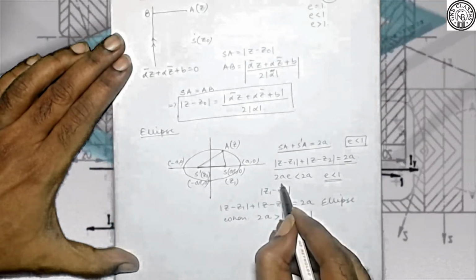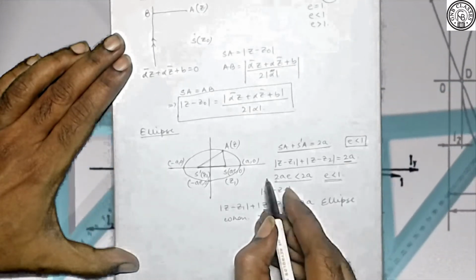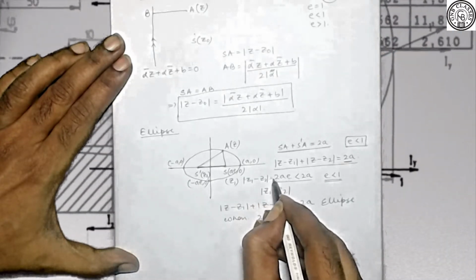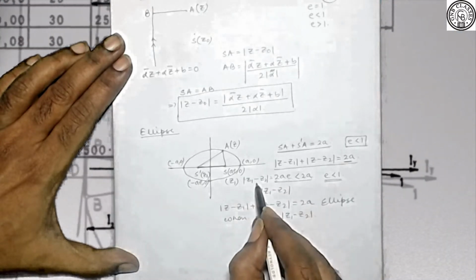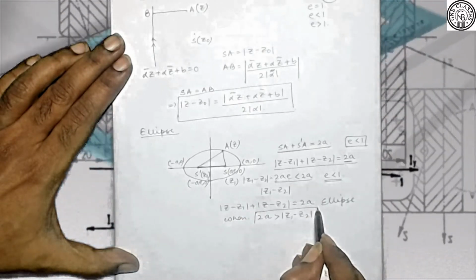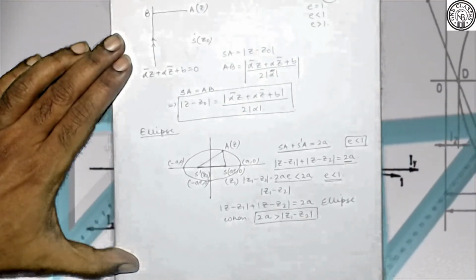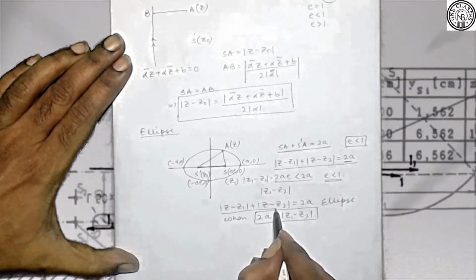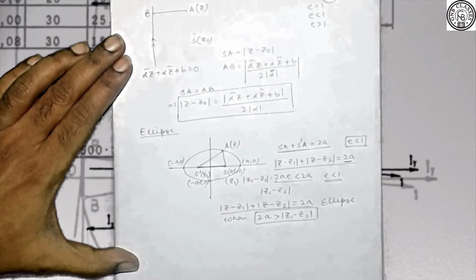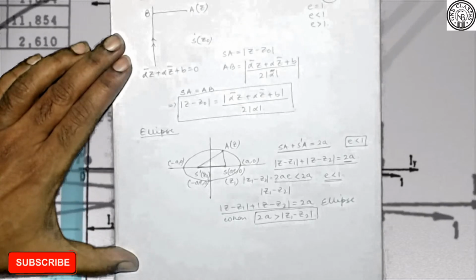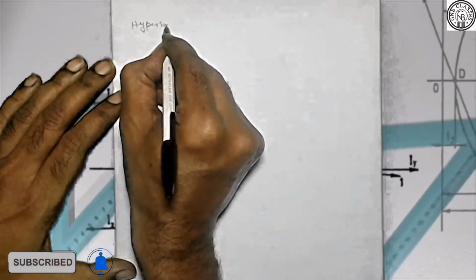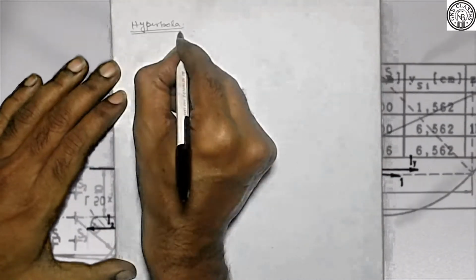Tell me yes or no. That's exactly what we have proved here. 2A is greater than mod of z1 minus z2. If this condition holds true, then we will say that this equation on a complex plane represents an ellipse. Fine? Absolutely clear? Okay. Now let us move on to hyperbola. How does it look?